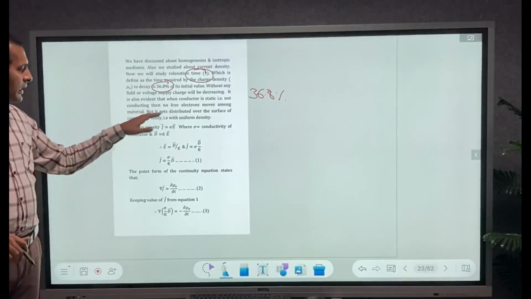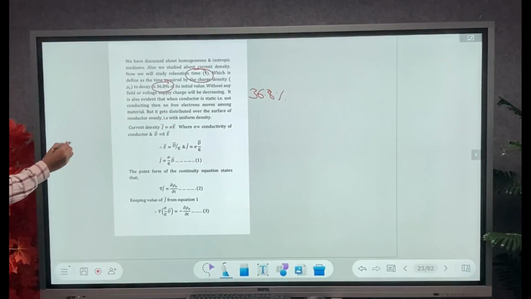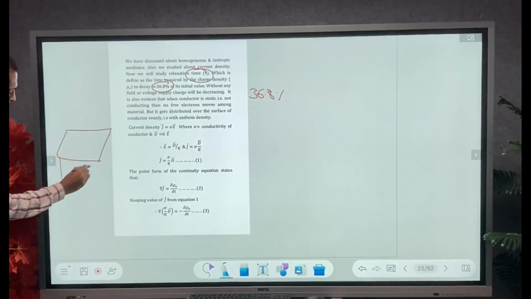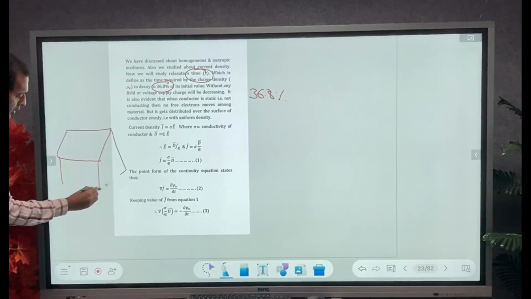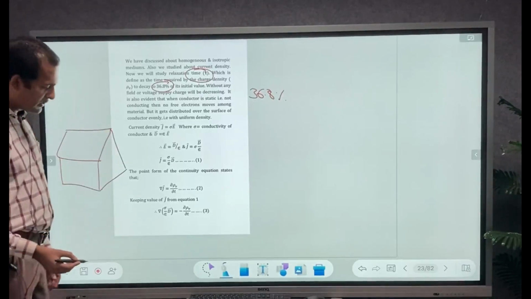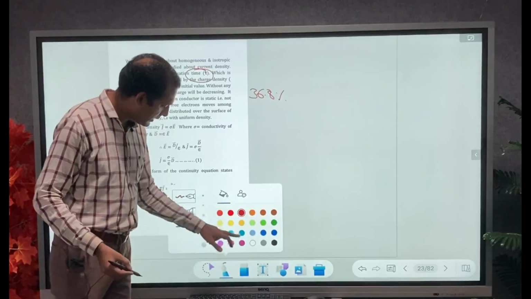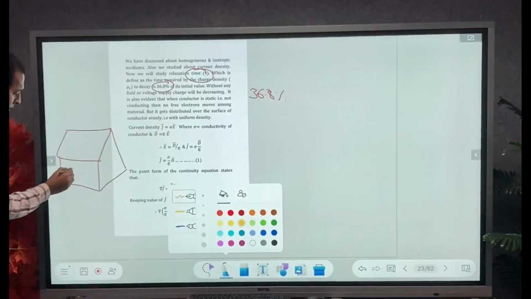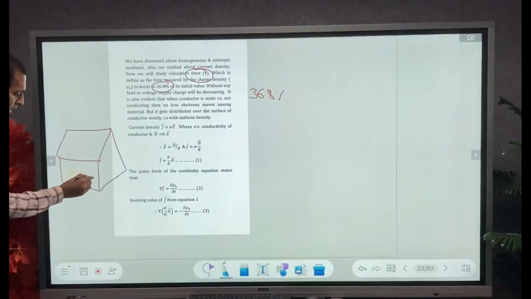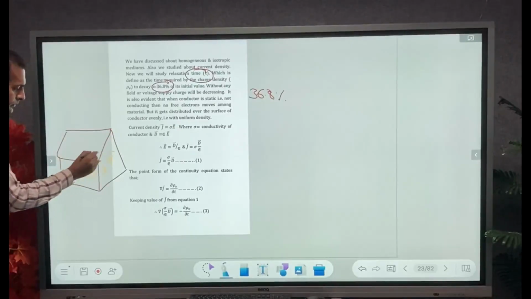It takes some time for the charges to disappear from the inner part of the material and to appear on the surface. As we say, charges are zero inside the material, but inside the material also there are various atoms and electrons.